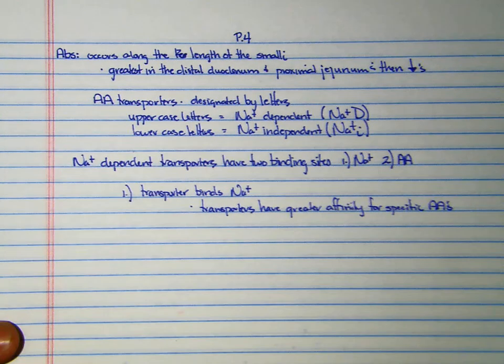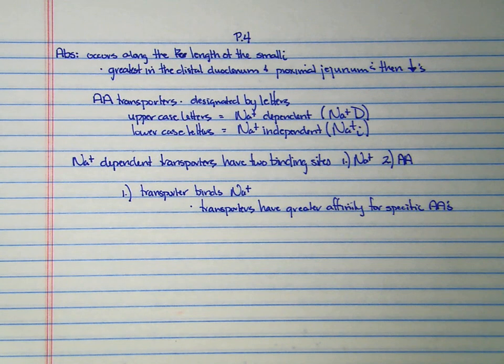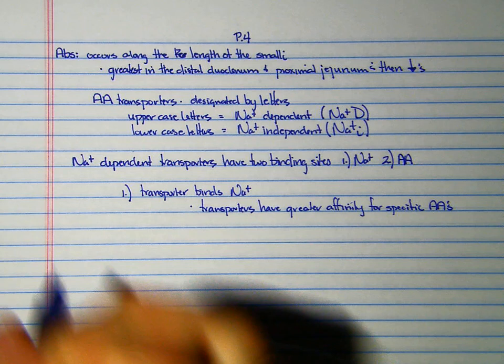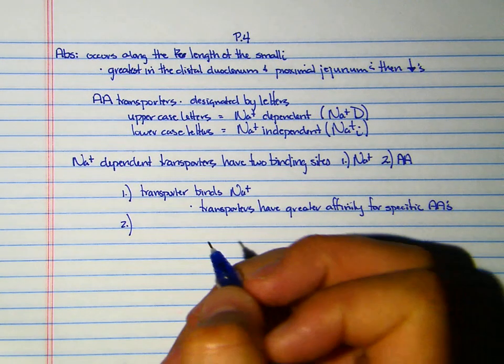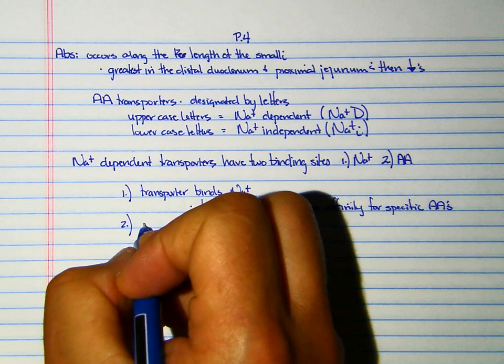So there are specific amino acid transporters for specific amino acids, and they tend to transport more than one, but they have a greater affinity for larger essential amino acids. Okay, so the transporter binds sodium, and then after it binds sodium, it binds an amino acid.